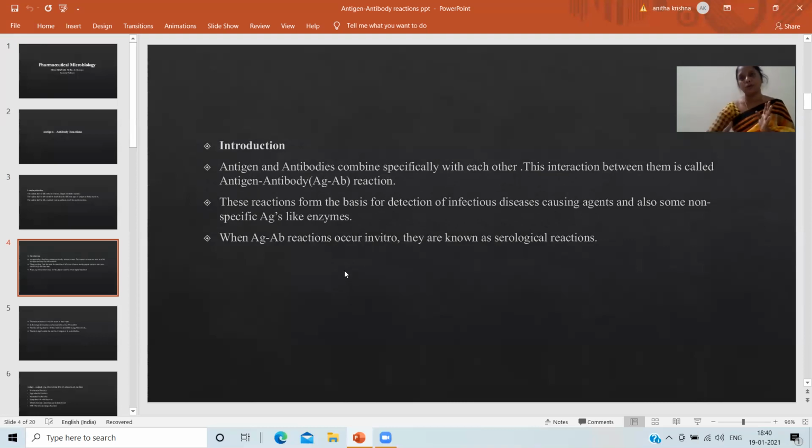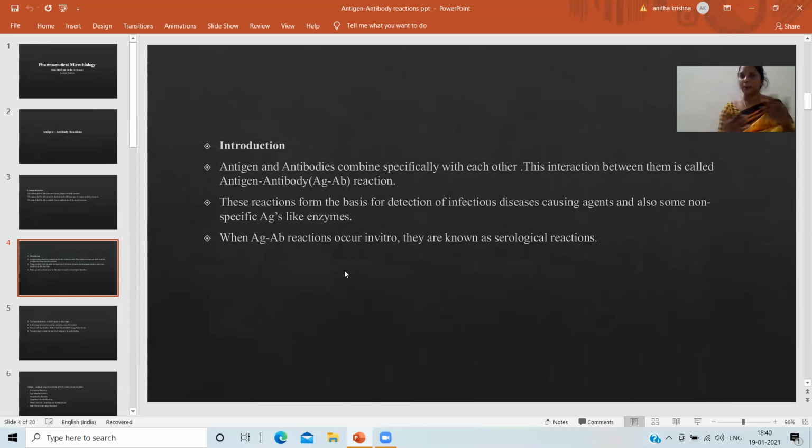We humans have different blood groups, so just to find out what blood group we possess, we use these antigen antibody reactions only. Also, in order to test certain tissues prior to organ transplantation or any transplantations, we go for these antigen antibody reactions.